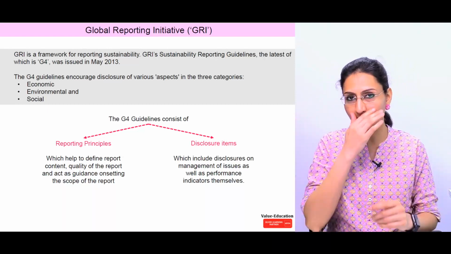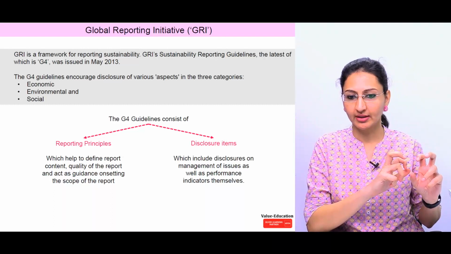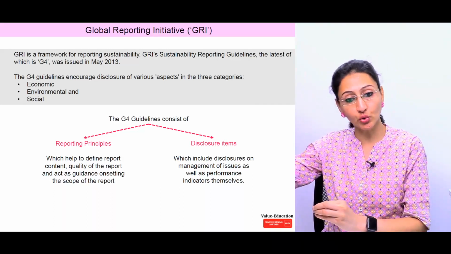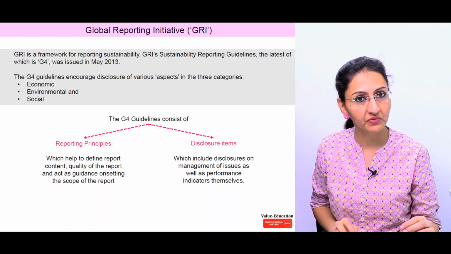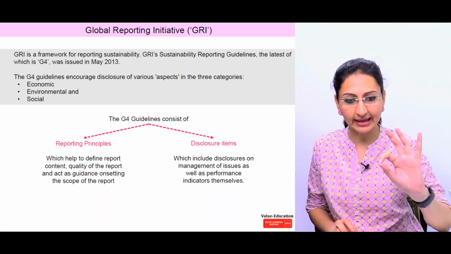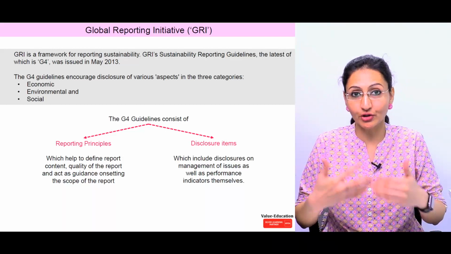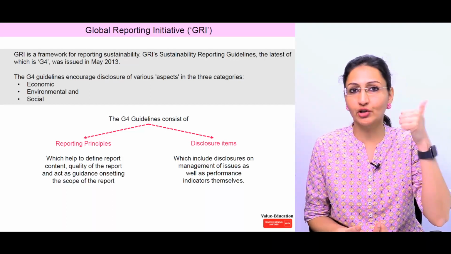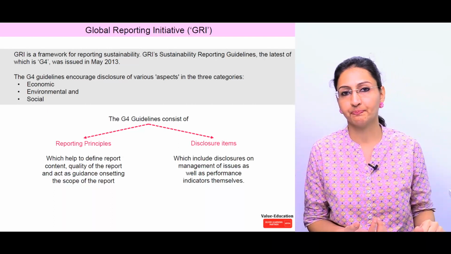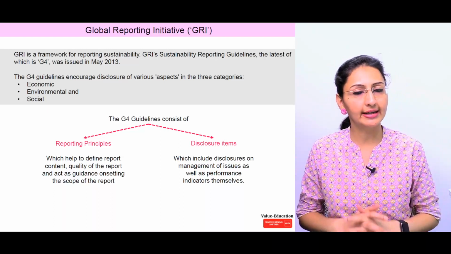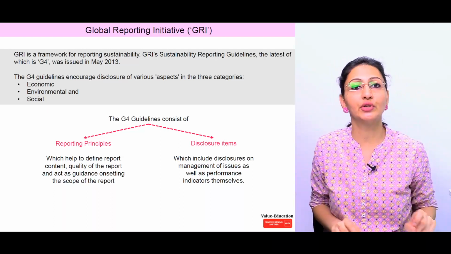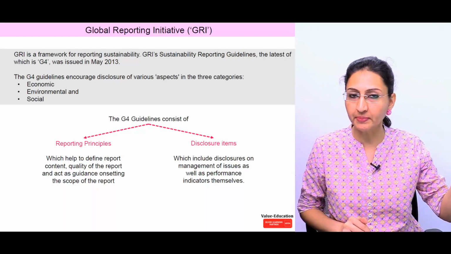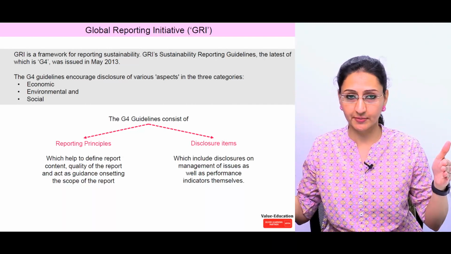So GRI has G4 as the sustainability reporting guidelines, issued in May 2013, and G4 says that there are three categories where disclosure is encouraged: economic, environmental, and social. Then the G4 guideline says there are two heads under which reporting must be done. What are these two heads? One is reporting principles, then there are disclosure items.